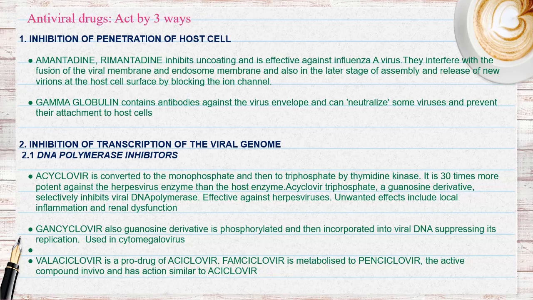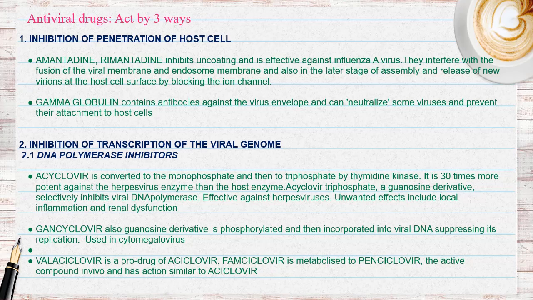See, this acyclovir is getting converted initially to monophosphate and then to the triphosphate form involving the enzyme called thymidine kinase. Now, this drug is 30 times more potent against the herpes virus enzyme than the host cell enzyme. That's why the host cells are not much affected.